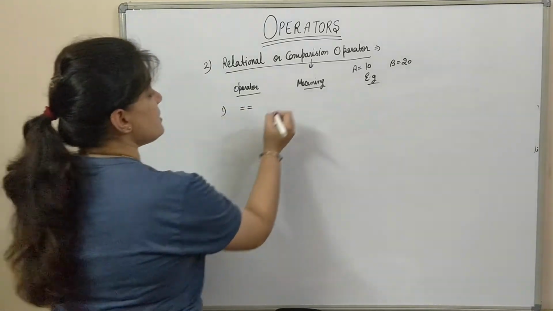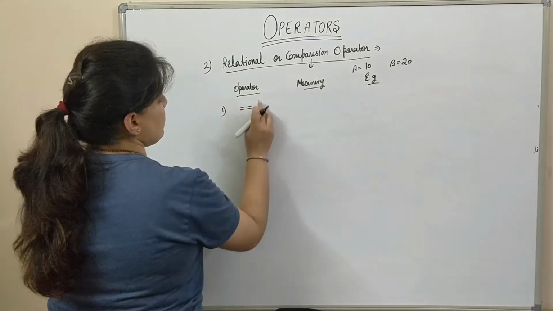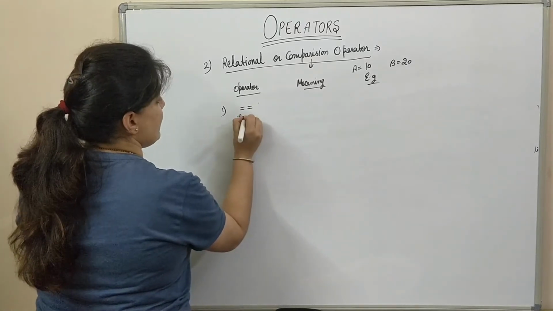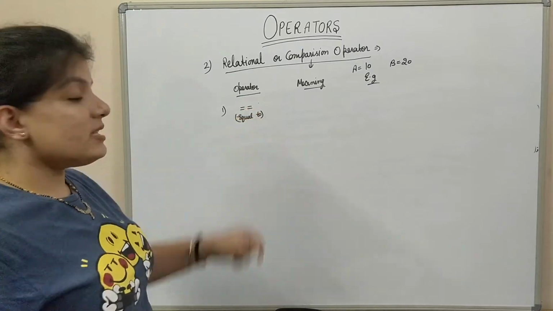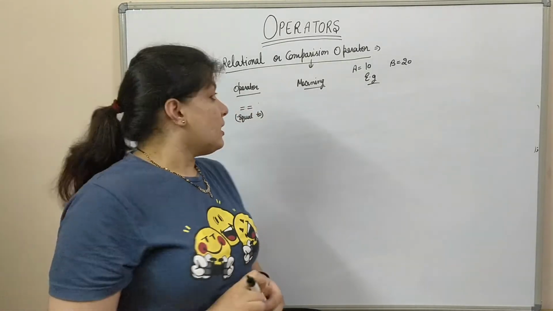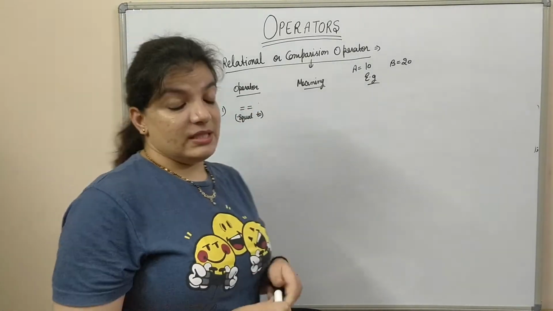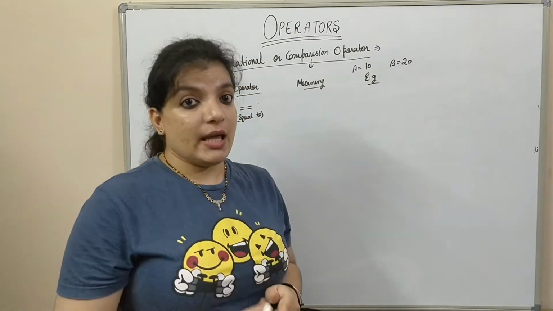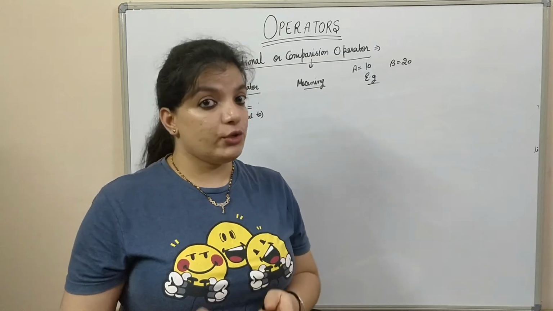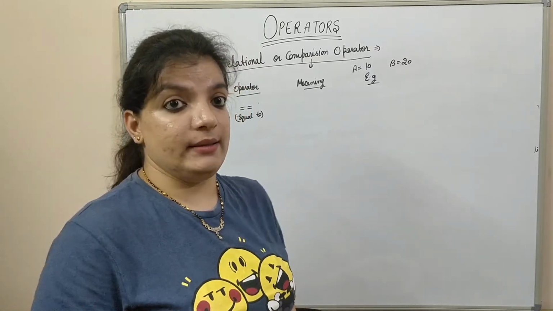The first operator is known as equal to. What is the purpose of this operator? In this we check the values of two operands. If the values are equal, then it will return true. Otherwise, it will return false.